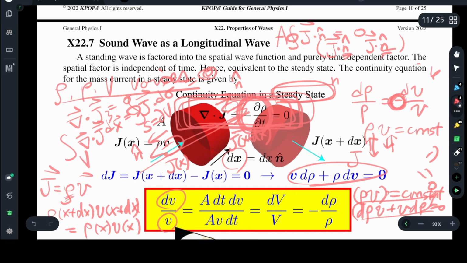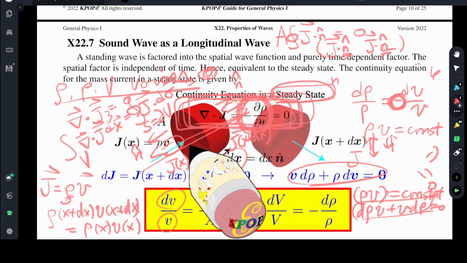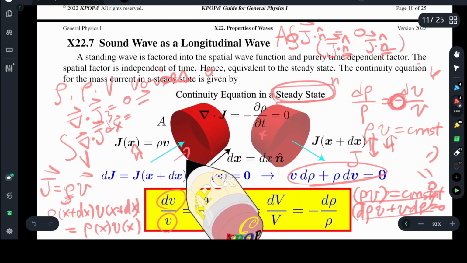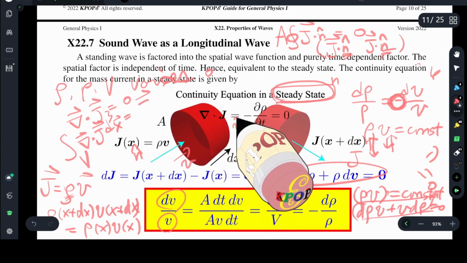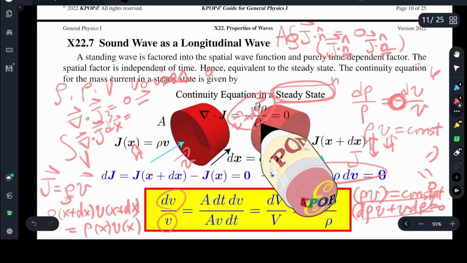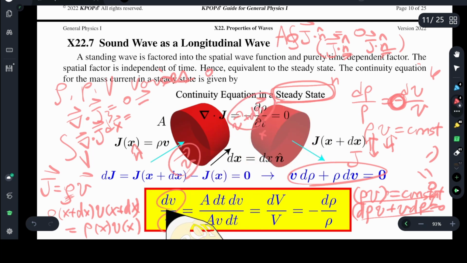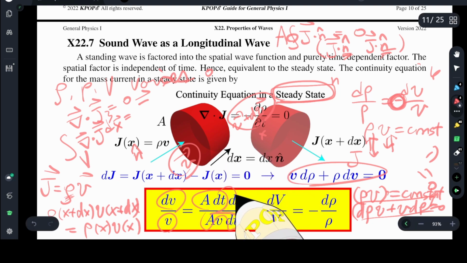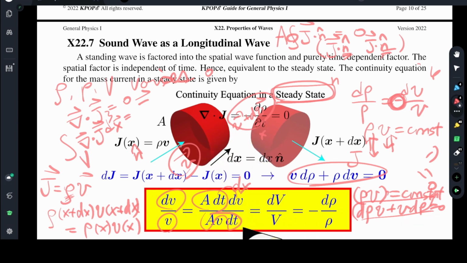So dv over v is the velocity difference between the two ends. Here we have v, and v plus dv on the other side. If I multiply dt on the numerator and denominator, this becomes a volume. A times dx is the volume.